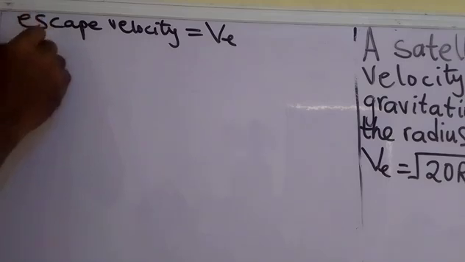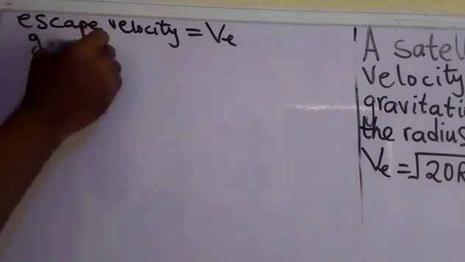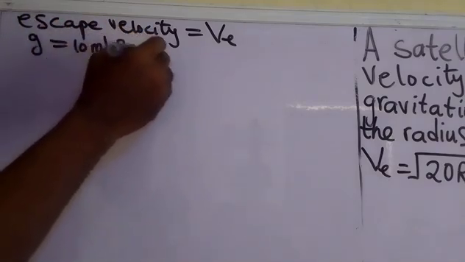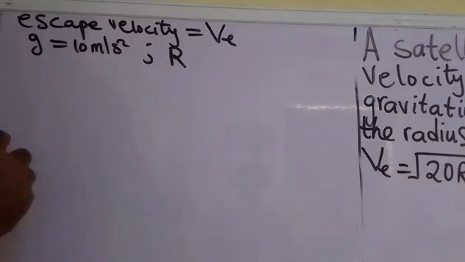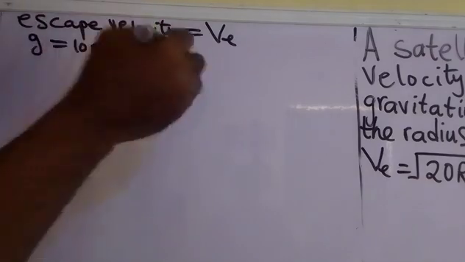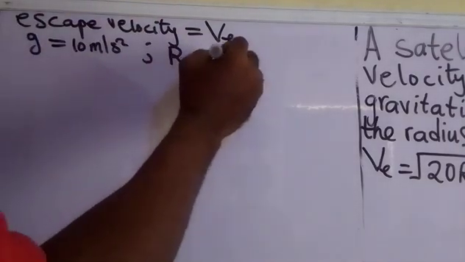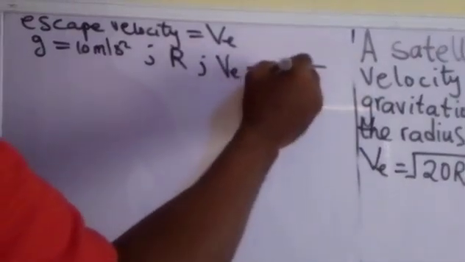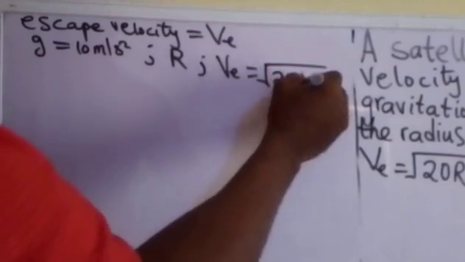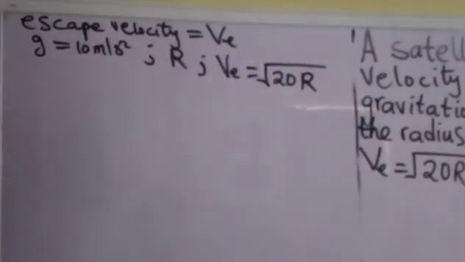Acceleration due to gravity g, the value is 10 meters per second squared. Radius of the Earth, capital R, is also given. Now we are to show that this formula is true for escape velocity for this satellite.